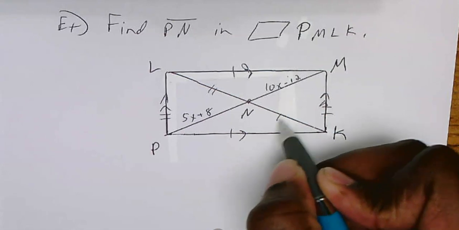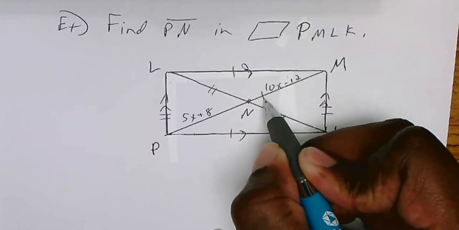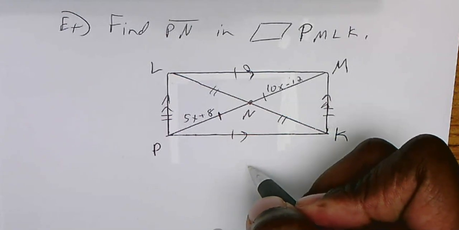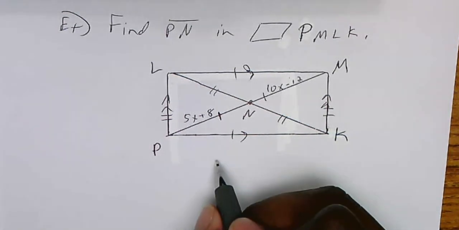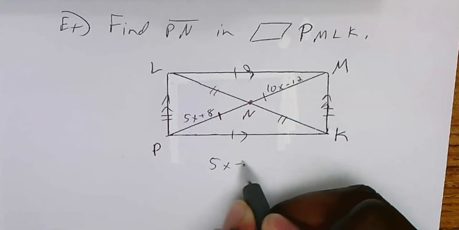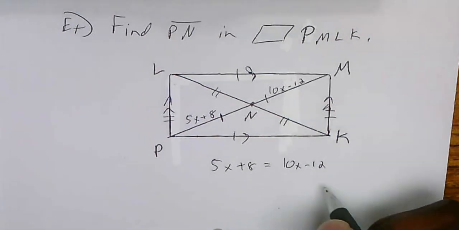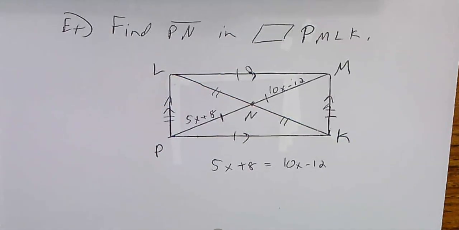So these parts are equal, and these parts are equal. By knowing the parts are equal, I can make an equation. It'll be 5x plus 8 equals 10x subtract 12. Pause the video, solve the equation, and see what you come up with. So pause it now and give it a shot.